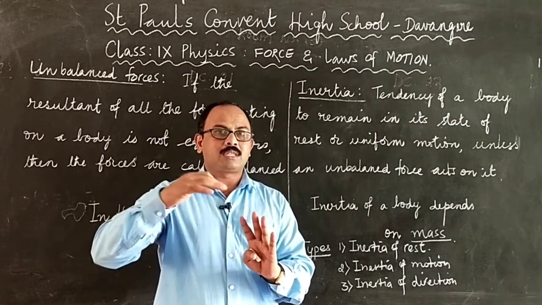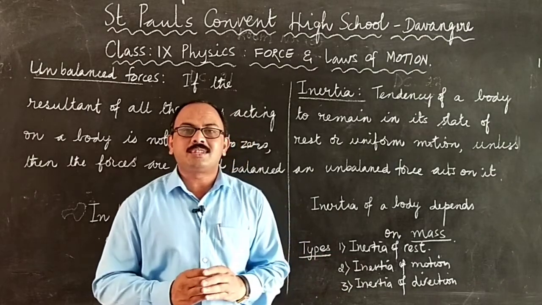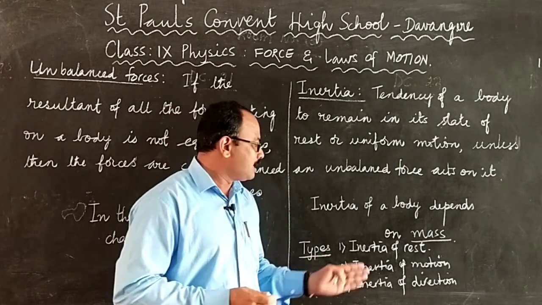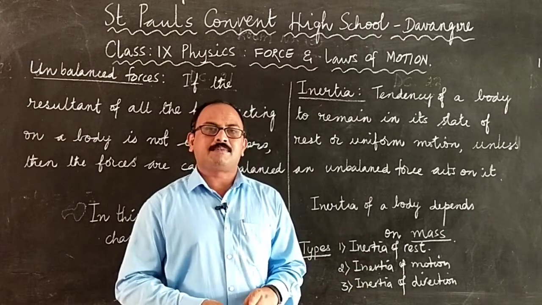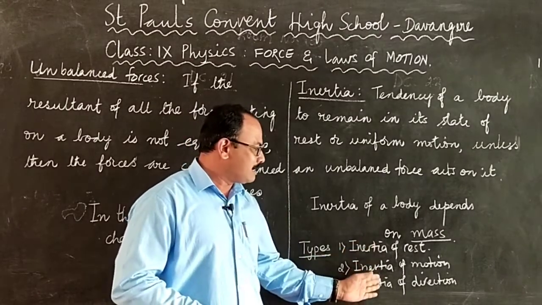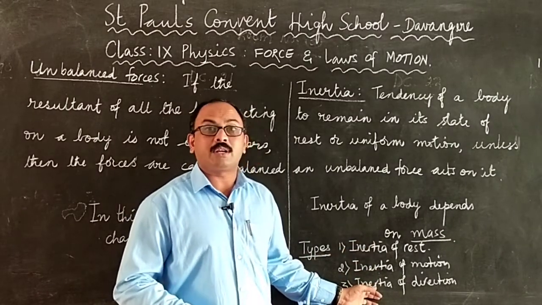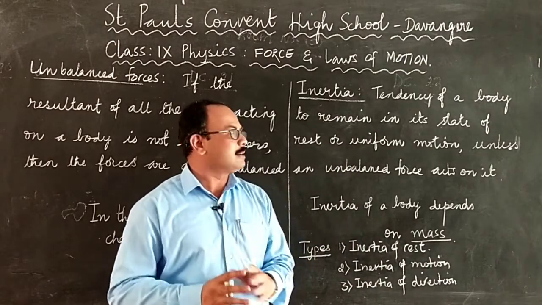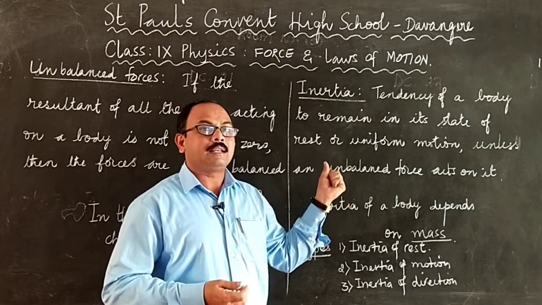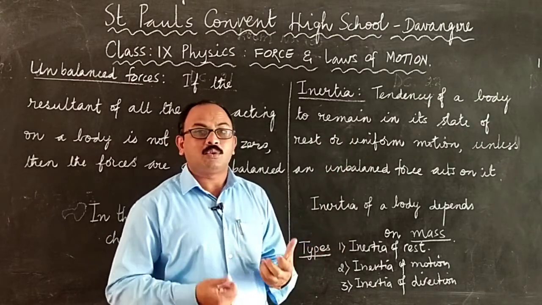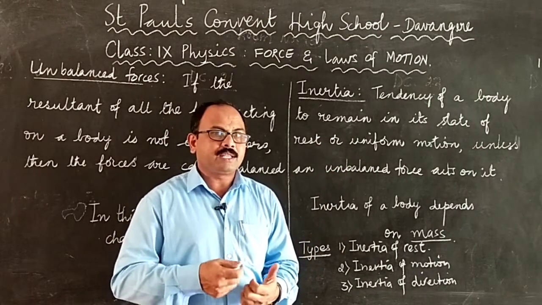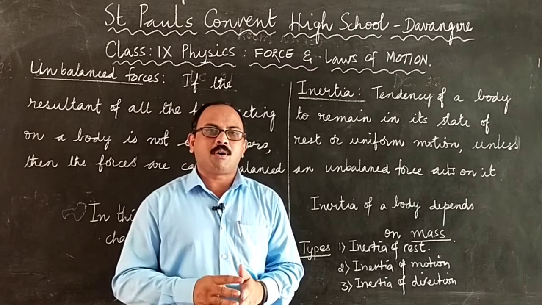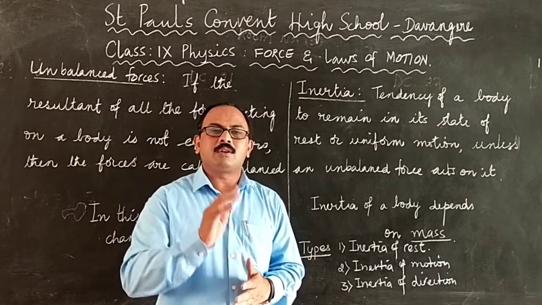Unless an external force acts on it, it will not change its direction. These are the three types of inertia. You will study more about this in your higher classes, children. In your 9th standard you have inertia and what the inertia of a body depends on. Based on that, we are going to study Newton's three laws of motion.